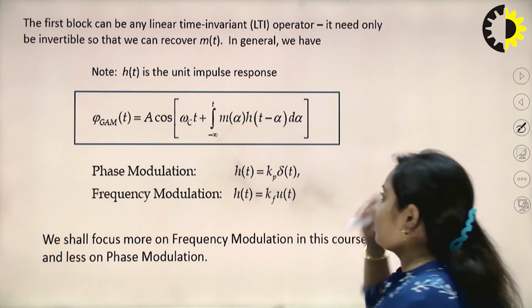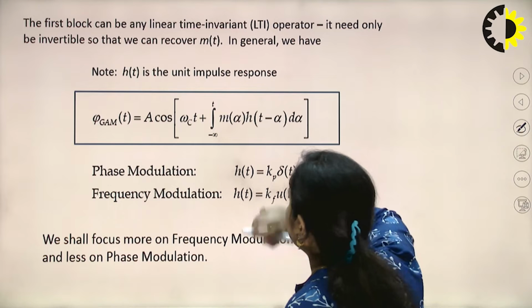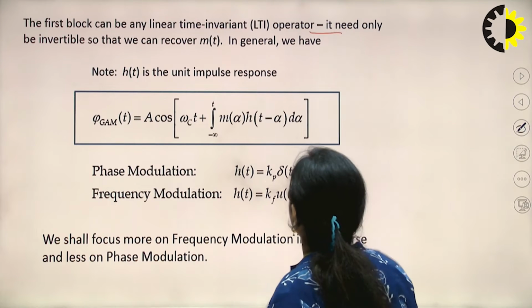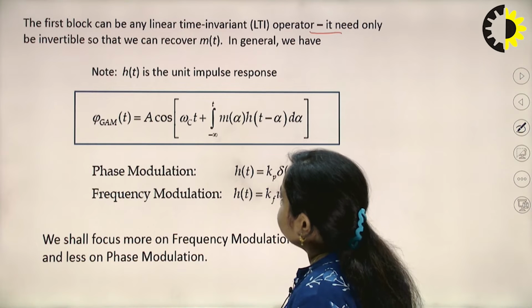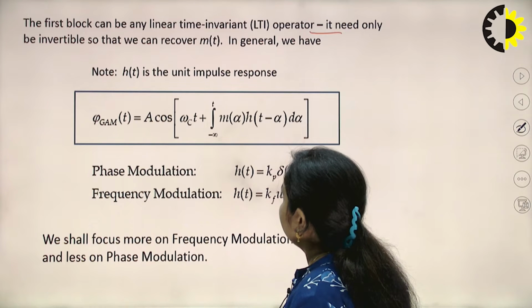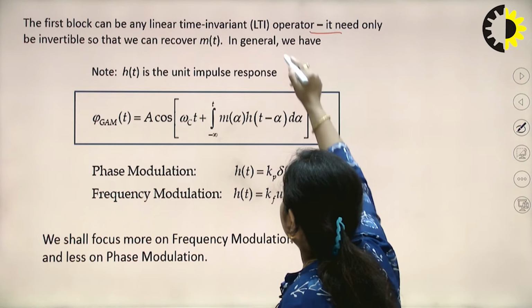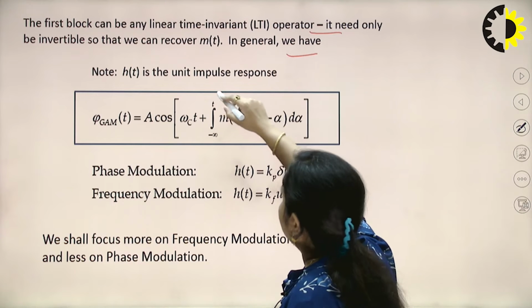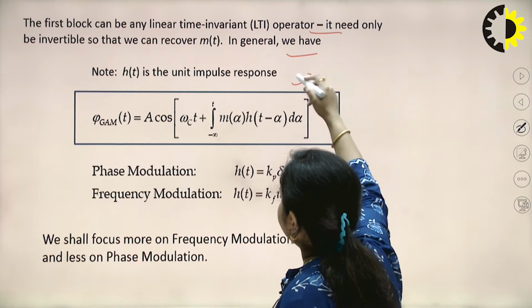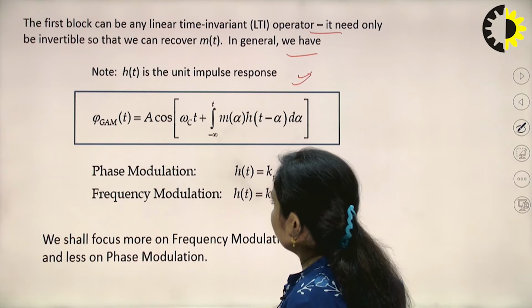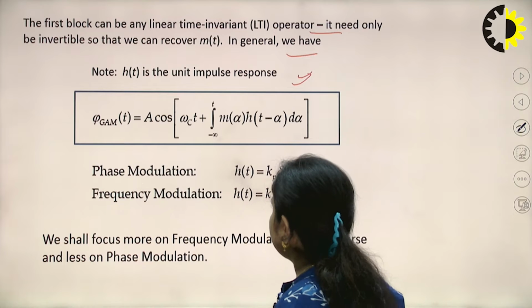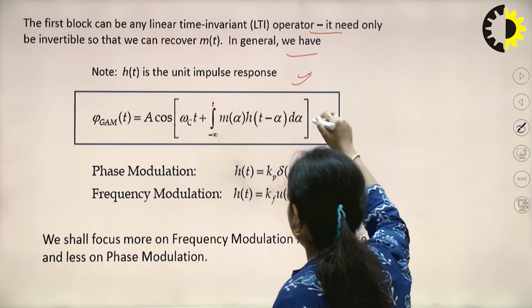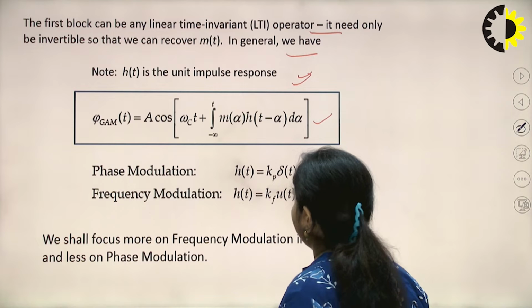Now next the first block can be a linear time invariant operator, that is LTI operator, and it need only be invertible so that we can recover the signal mt. So in general we have ht as the unit impulse response. So phi(t) is equal to A cos omega ct plus integral mt into ht minus alpha d alpha.